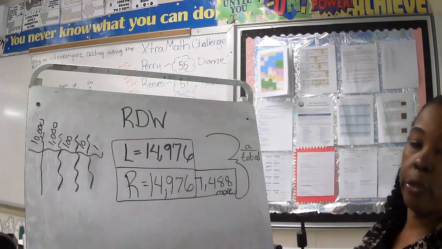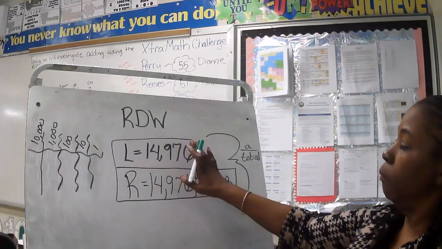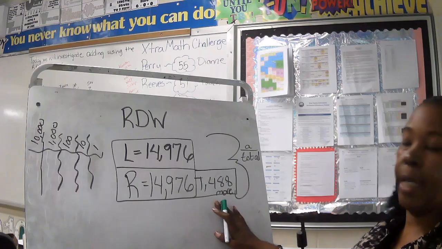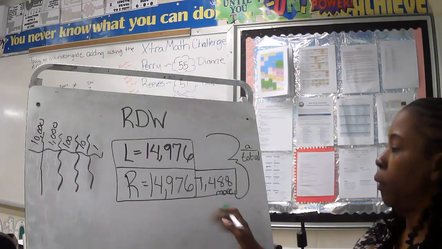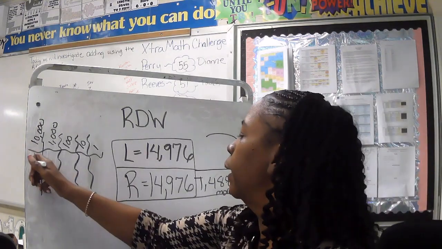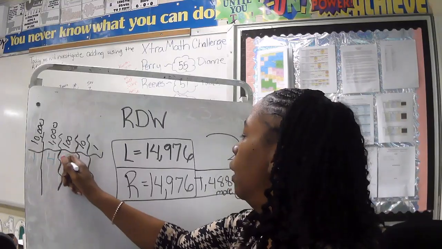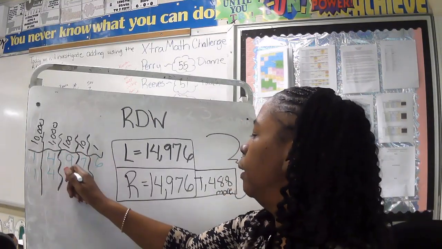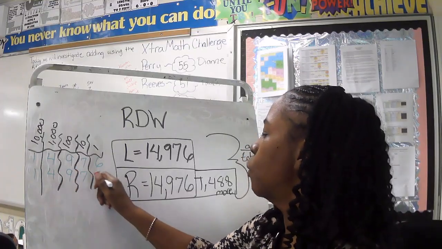So I'm going to do the lilies and roses, what they had the same, and then once I find the sum, I'm going to add on the 7,488 more. Okay? So again, if you can do that, that is fine, but that's not teacher recommended. Okay? So I'm going to add it.